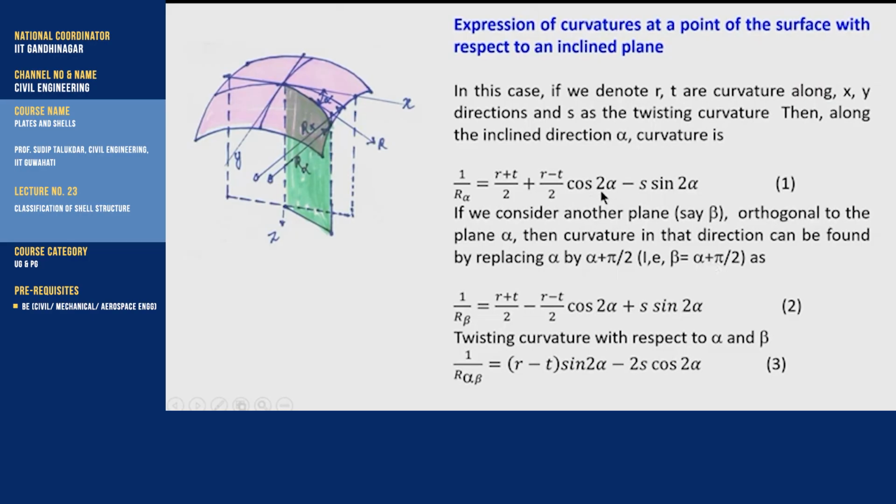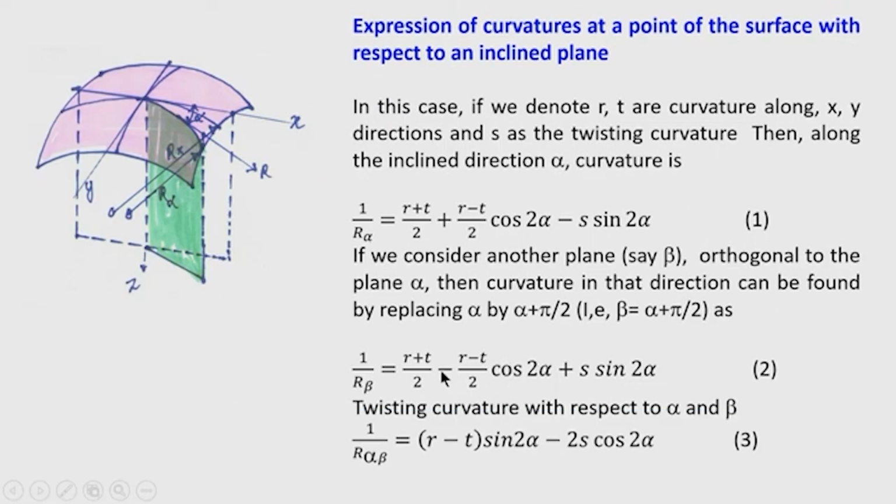When alpha is substituted with alpha plus pi by 2, it becomes cos of 2 alpha plus pi, which is nothing but minus cos 2 alpha. So, this term appears with a negative sign. Similarly, sin of pi plus 2 alpha also appears with a negative sign, and then here it becomes positive. So, we got this r alpha and r beta.